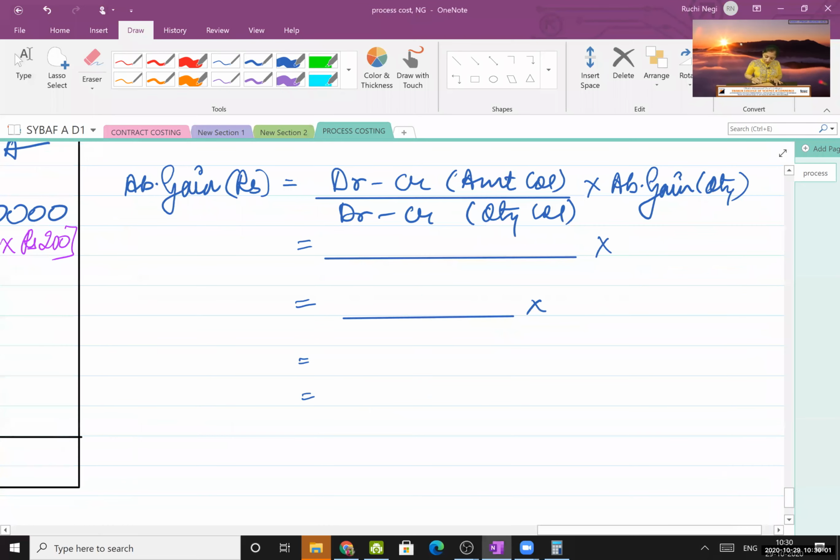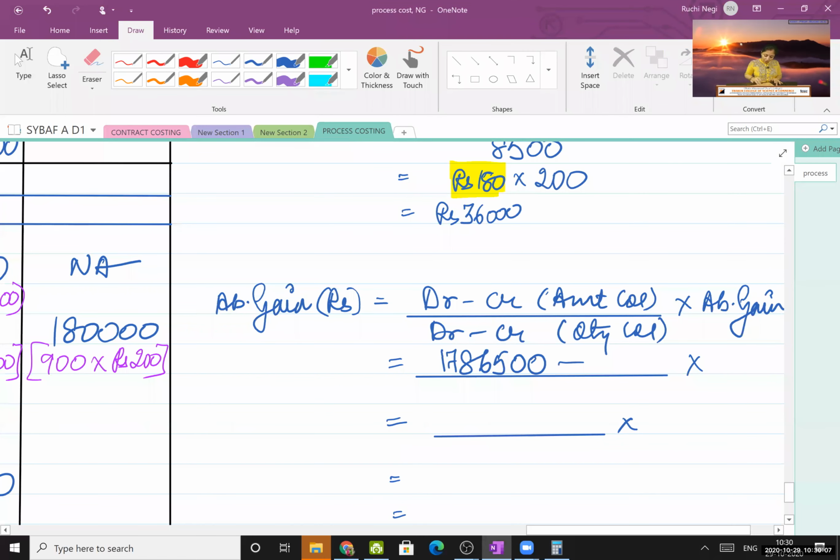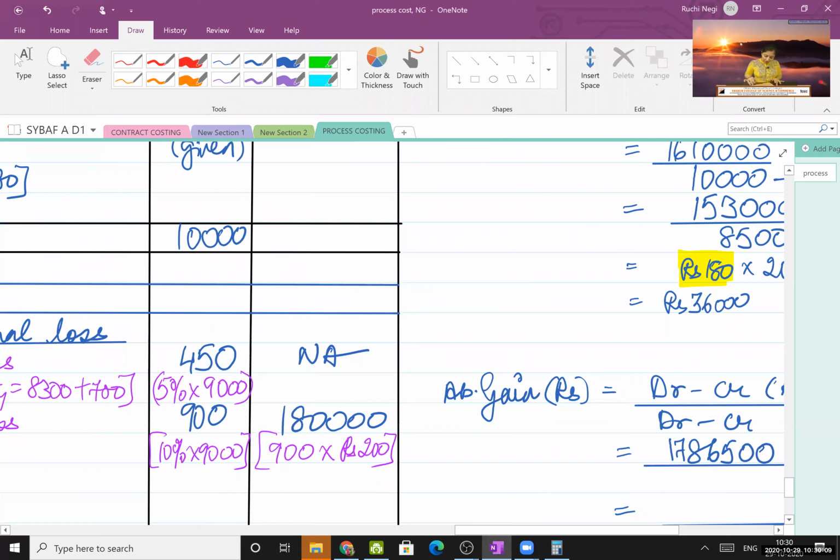So right here 17 lakh 86,500 minus the amount column. Amount तो मैंने एक ही calculate किया 1 lakh 80.